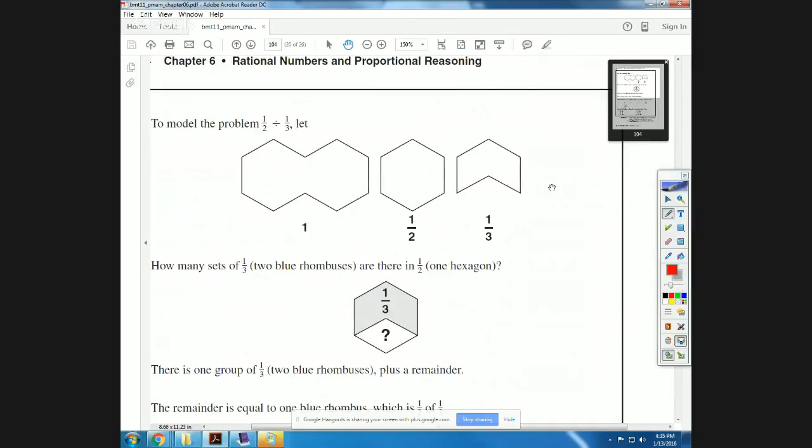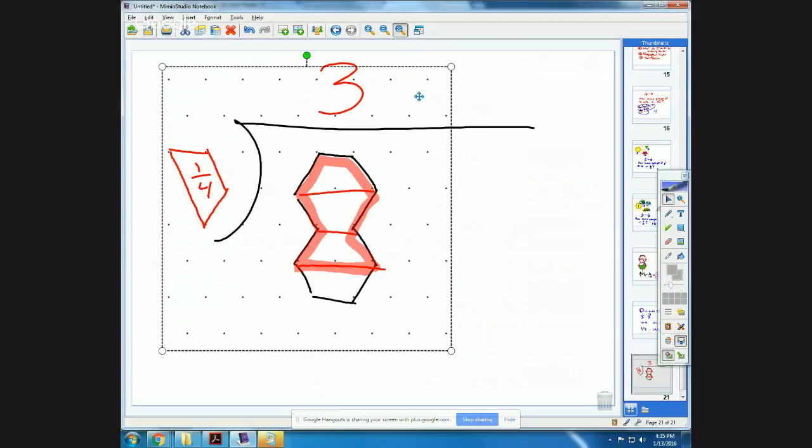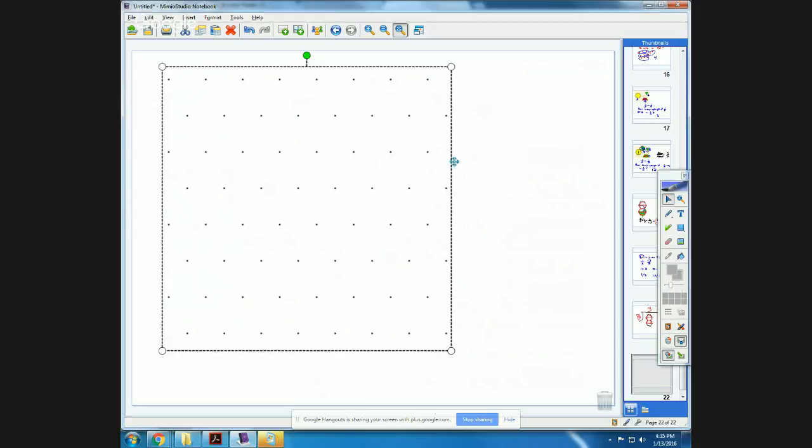So the question is, how many 1/3s are in 1/2?